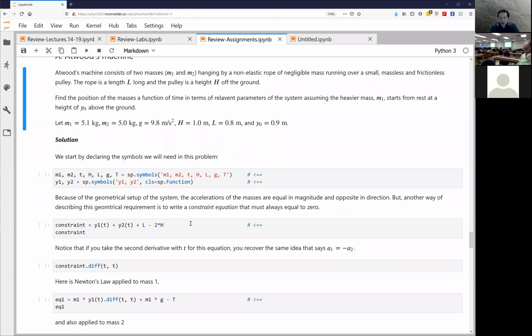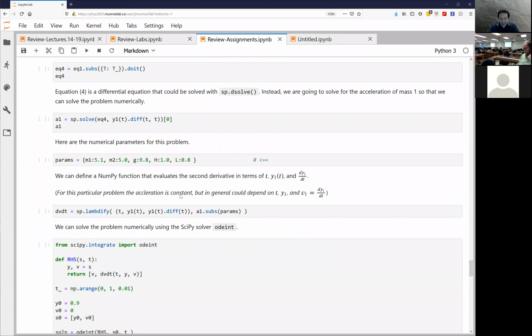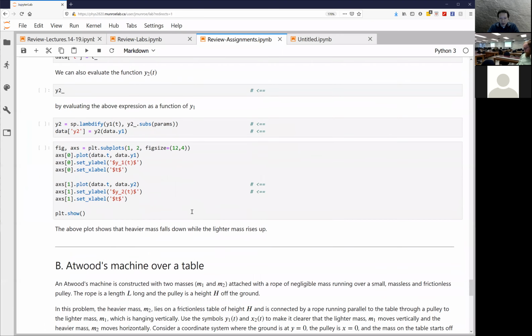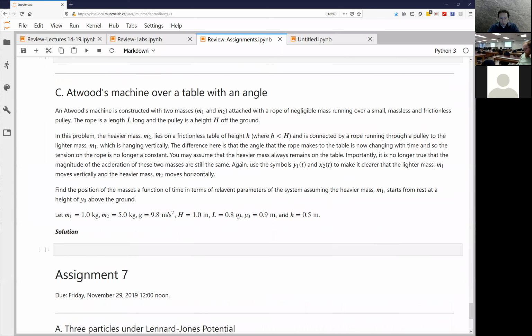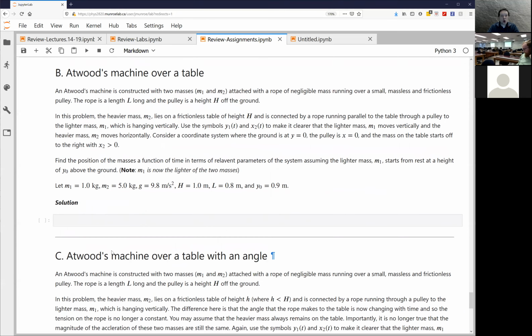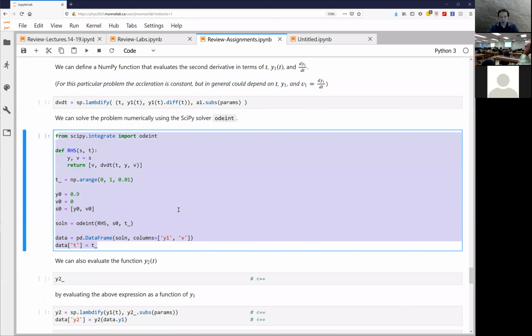We set up an equation, we manipulate it in some way, and you're showing how to solve things, right? So here is an example of a kind of problem we did in assignment 6, and here's another one, and here's another one, right? So this idea of setting up a problem symbolically so that you can apply a solver numerically to it. That's the theme that we're testing.